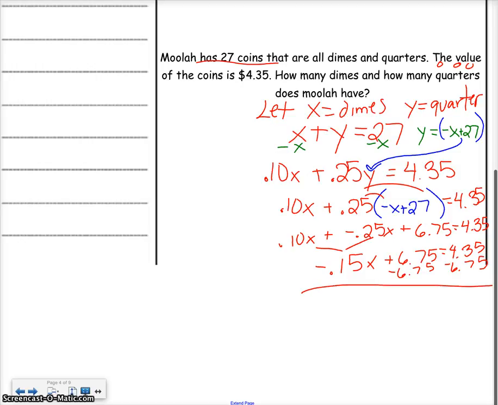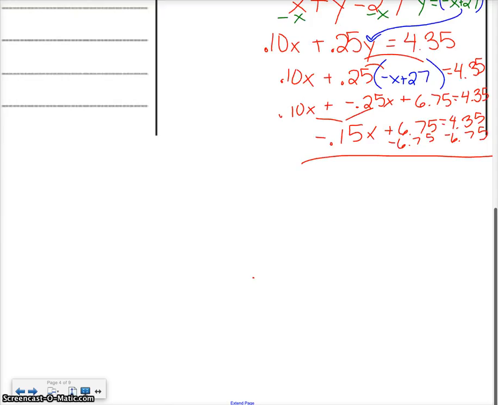It's going to be a flat number. 4.35 take away 6.75 is negative 2.4. Divide it by a negative 0.15 and you get 16.